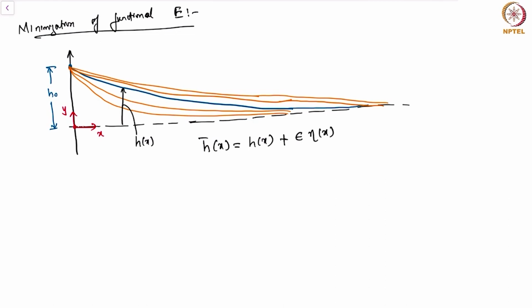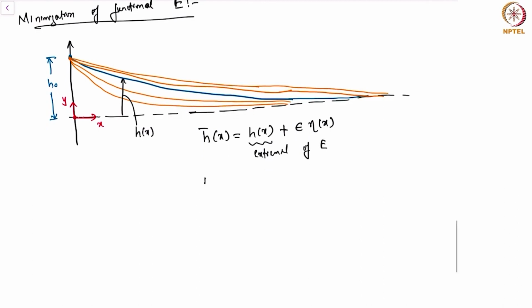So for an arbitrary eta, we want to find the value of this functional for this h bar. In other words, we want to find out that h of x is the extremal of E, meaning it will give us the lowest possible value of E.